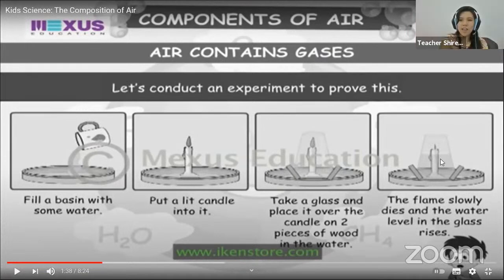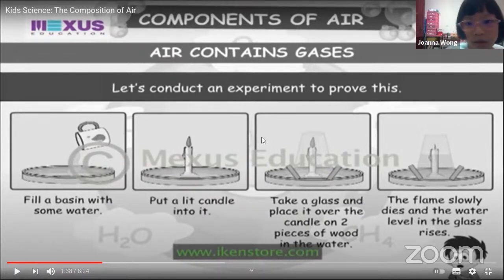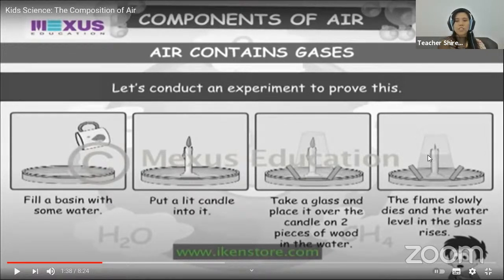So when the air has oxygen, but when you burn, you use all the oxygen. So that's why the water goes up. Because the air has only one part oxygen, the candle can't burn anymore. That's right. So the air has no more oxygen, and the flame will die.